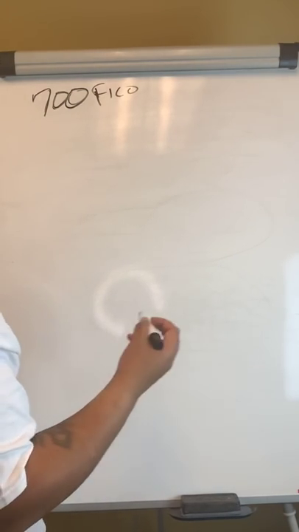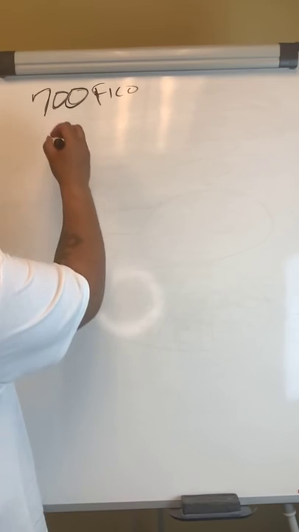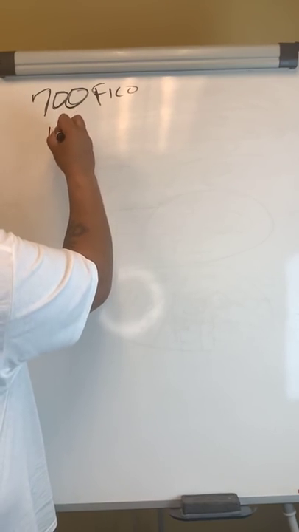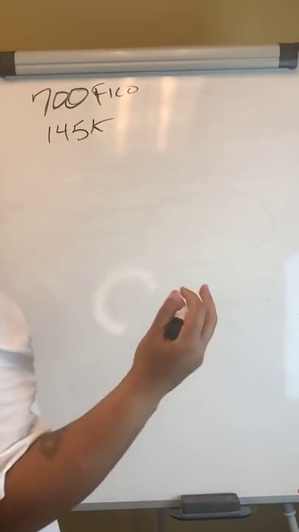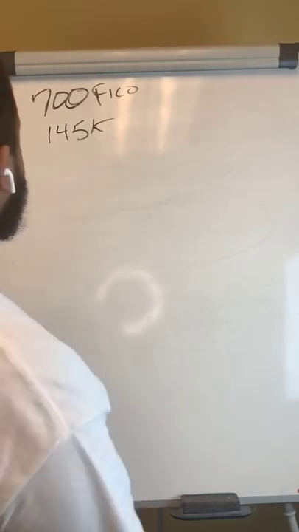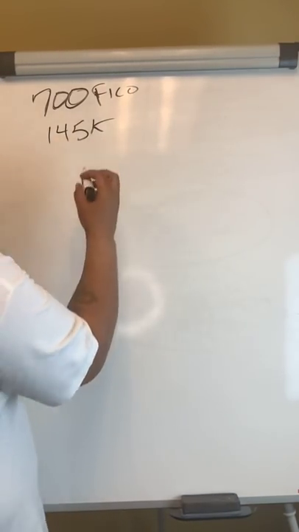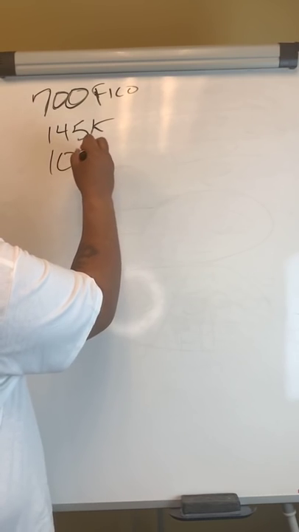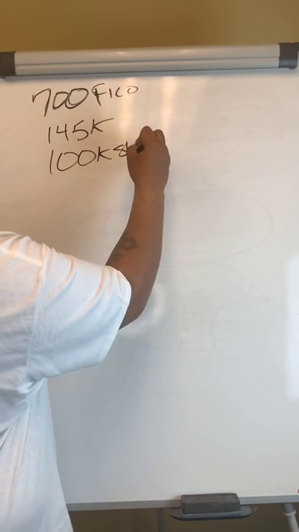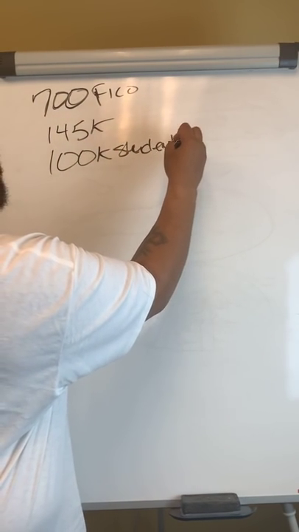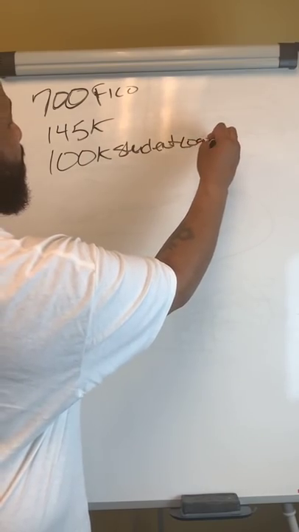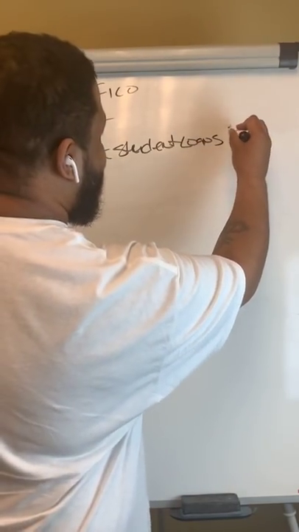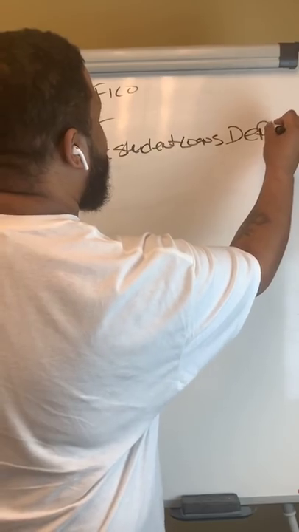Oh man, I make great money, I make 145K a year. But yo, these student loans are kicking my ass. Okay, great. I got 100K in student loans. But they're all deferred.